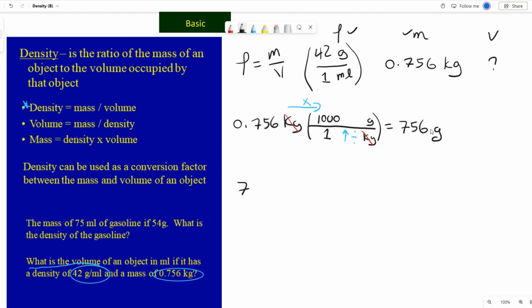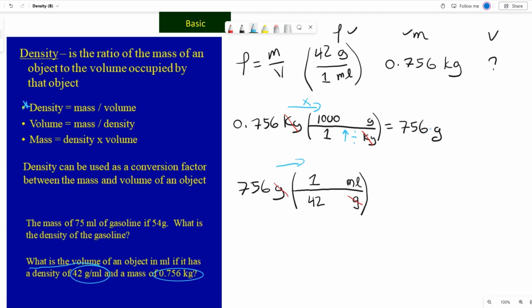We have 756 grams. We'll use density as a conversion factor to convert back and forth between mass and volume. We want grams to cancel out, so we put it on the bottom. We want to end up with milliliters, so we'll put that on the top. And it's 1 milliliter for every 42 grams. So we have it set up so that grams and grams cancel out.